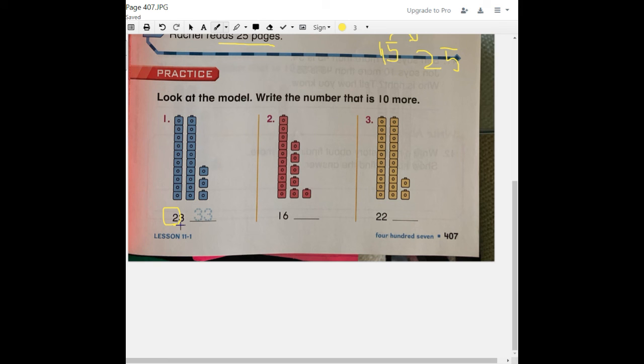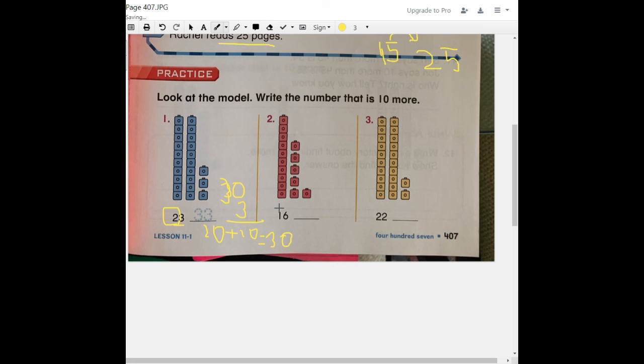So 2 plus 1, which is 20 plus 10, is 30, right? And then we have 3 ones. Sorry, trying to write 30 and 3 ones. And that's 33 we got here.